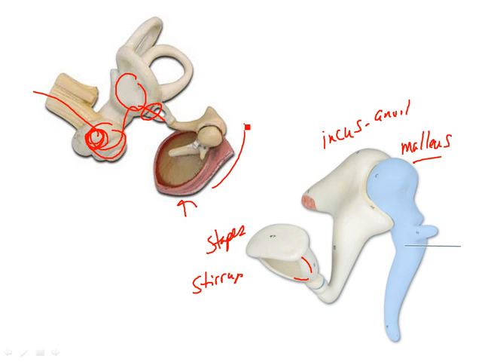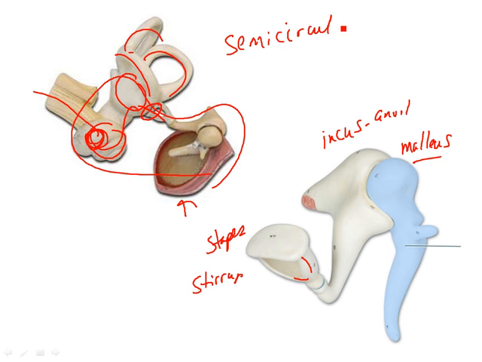So all this is related to hearing. So all these are structures of hearing. These structures here, these semicircular canals, have to do with equilibrium.